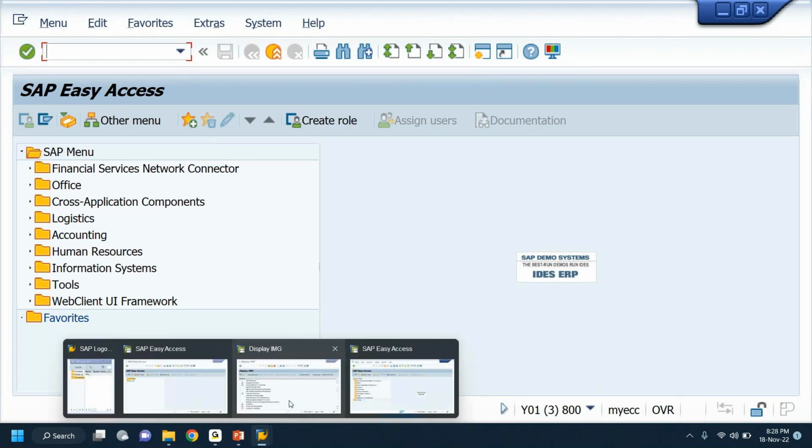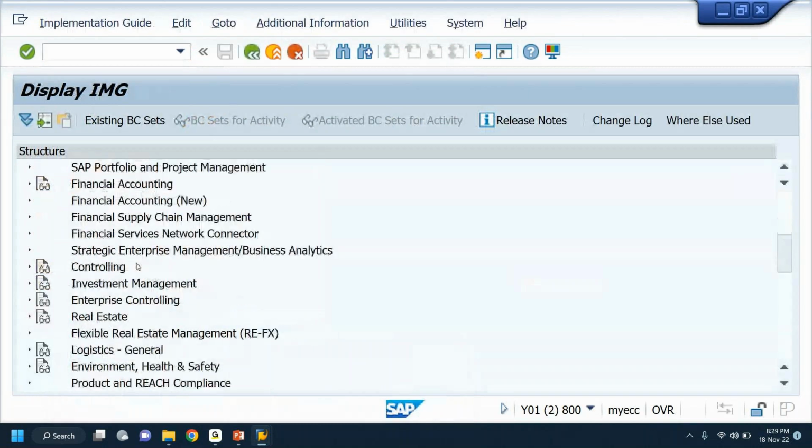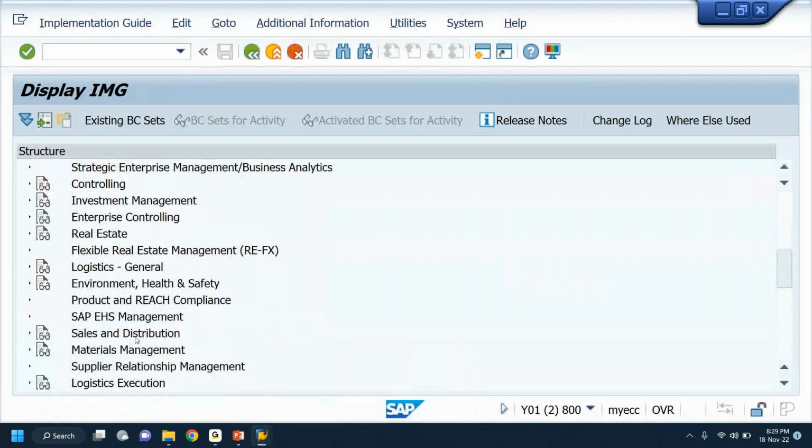That's where you need to understand from the enterprise structure level till the SD and MM level, sales and distribution, and how the total businesses are handled end to end.